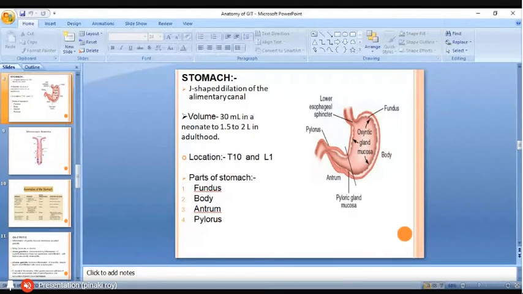So the stomach is a J-shaped dilatation of the alimentary canal. Mostly the volume is 1.5 to 2 liters in adults, and it has four parts.